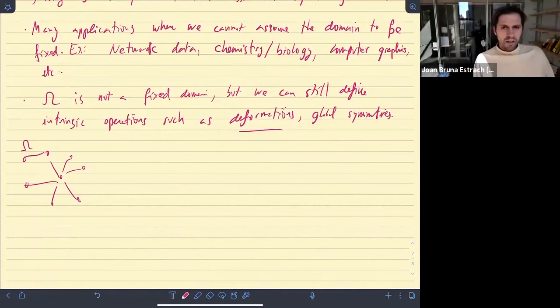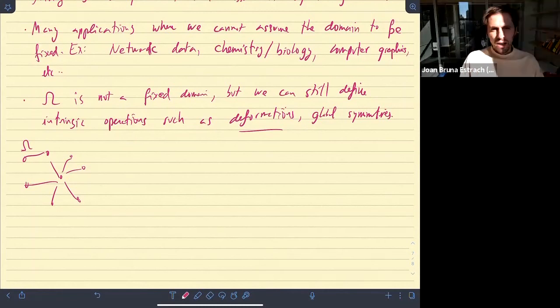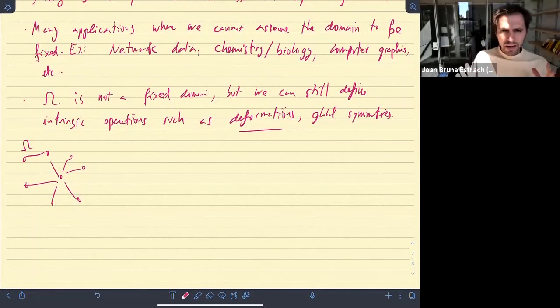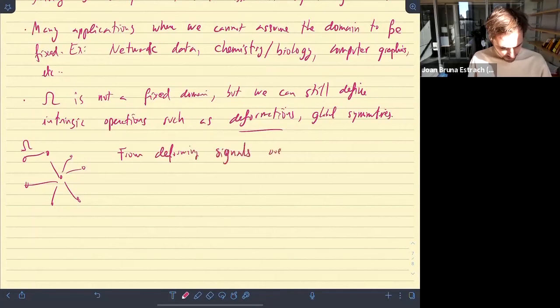So now, rather than having this graph that is fixed and deforming signals over a domain, I can do the opposite. I can take this graph and change the graph a little bit, right? So there's a notion of deforming the domain itself. Basically, it's like going from deforming signals over a fixed domain to deforming the domain itself.